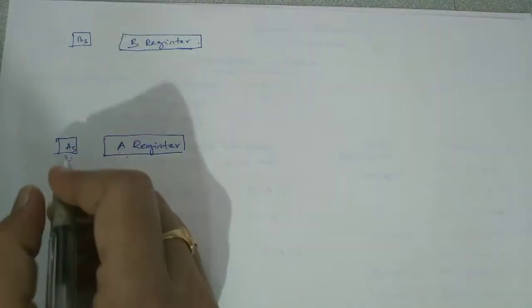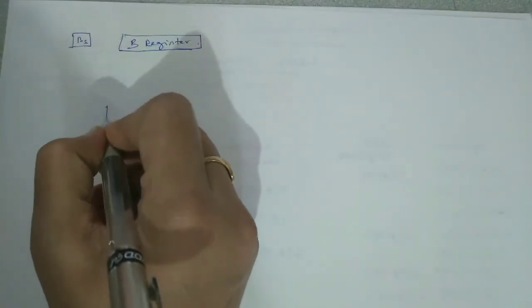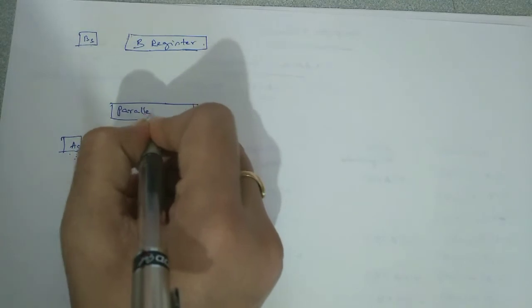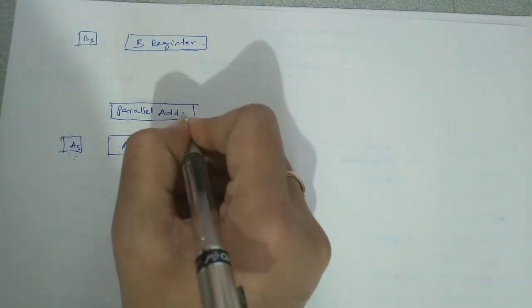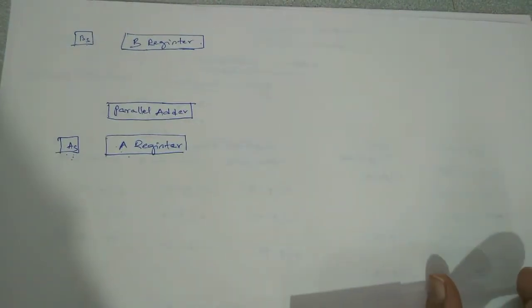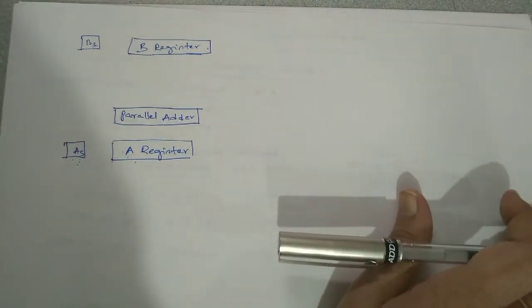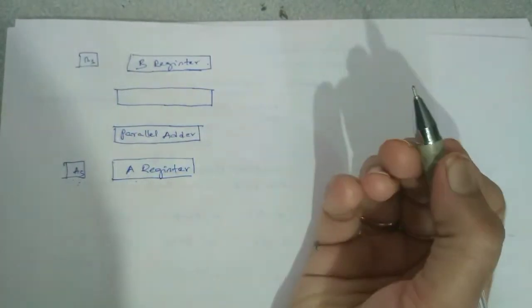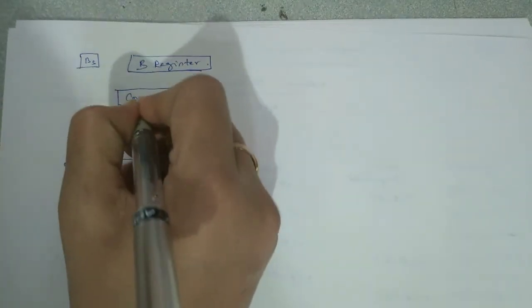And for the addition operation, for performing A plus B, we need a parallel adder, and for subtraction, a complementer.